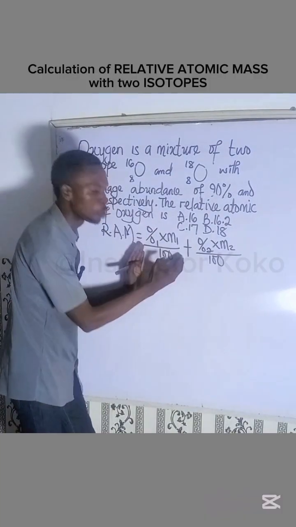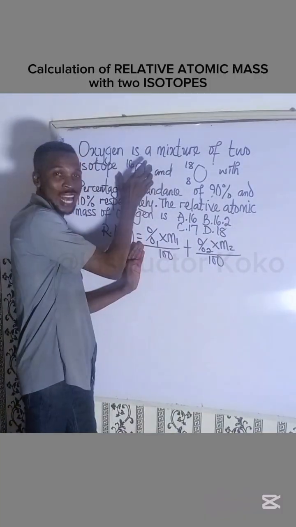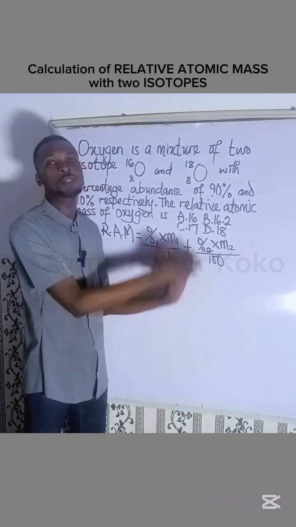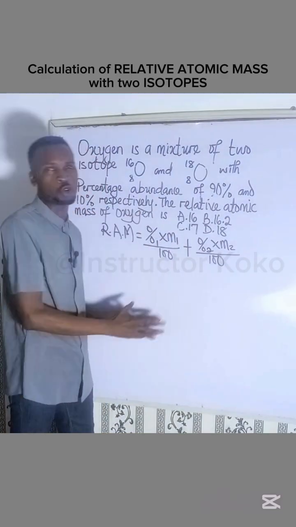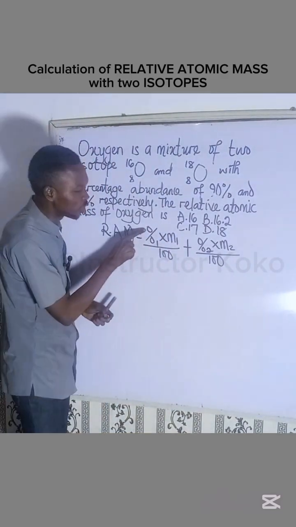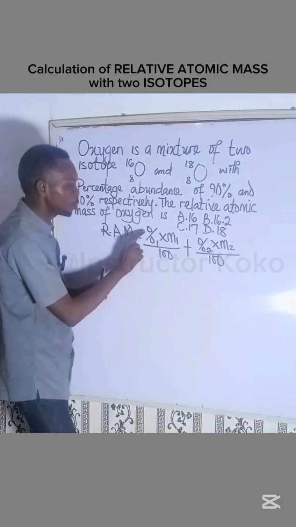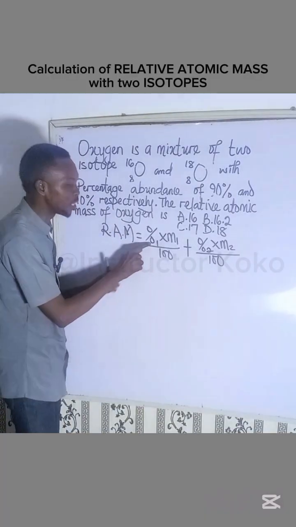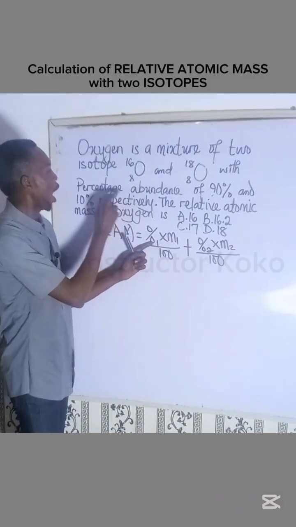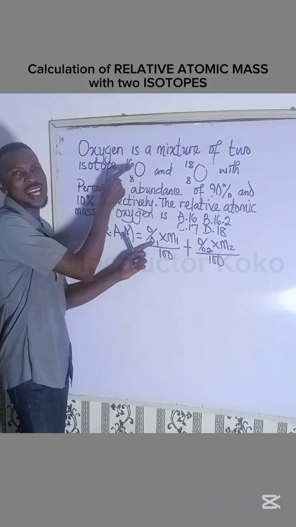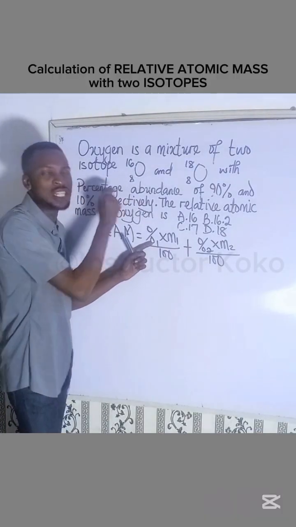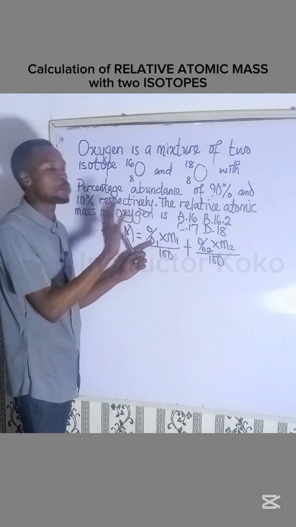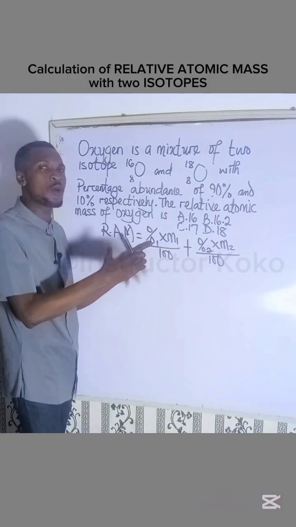This represents the first isotope, and this represents the second isotope. Now, what is the meaning of this percentage 1? This percentage 1 simply means the percentage abundance of the first isotope. It must be given in the question. However, it might not be given in the question, but there's a way we can calculate it.